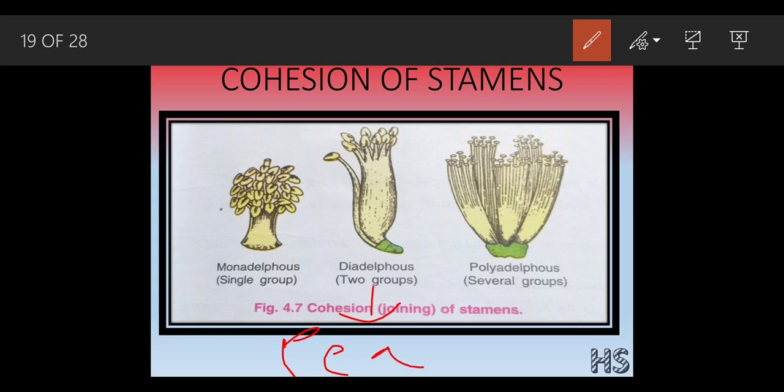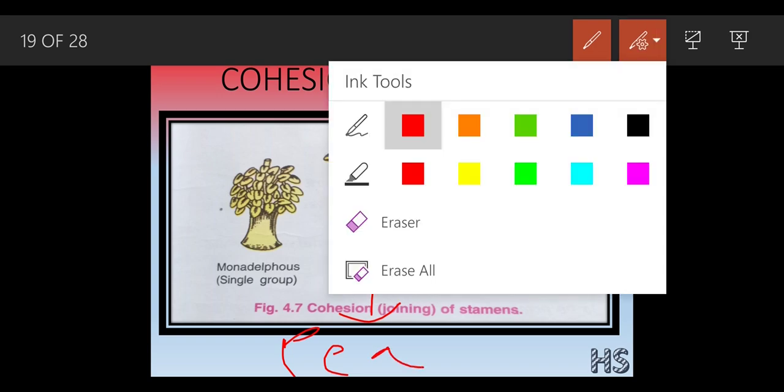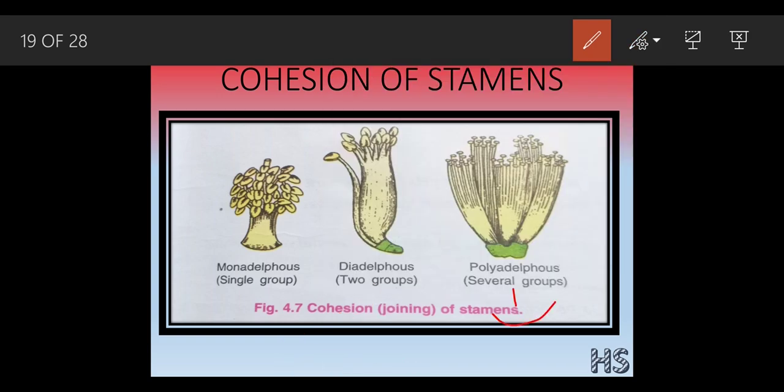And the polyadelphous condition would be the same in Bombax. So these are the different examples of it. Now this was all about the male part of the flower, that is the androecium, and we can call it the stamens also.